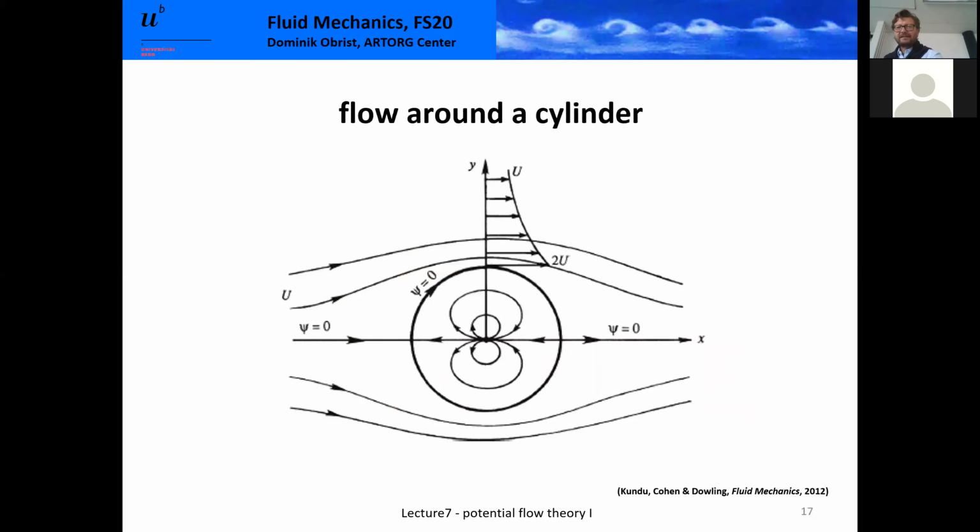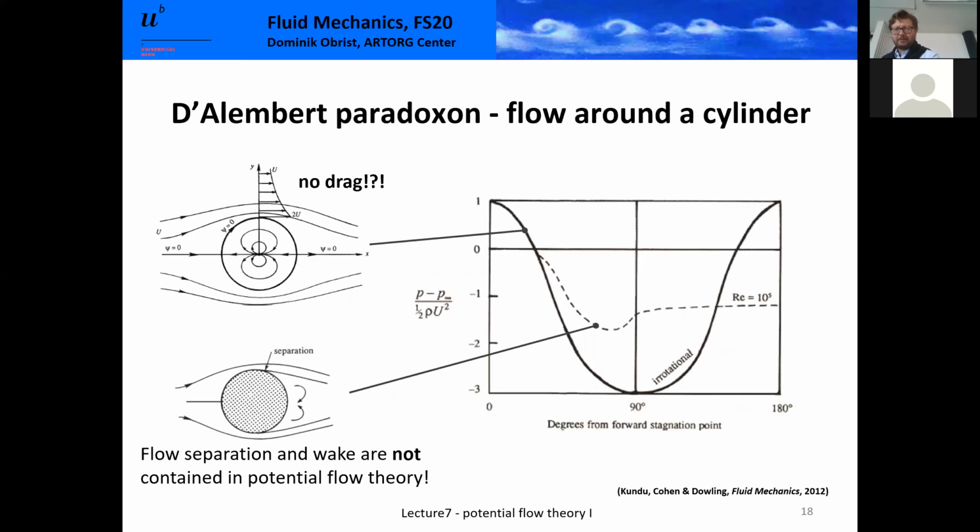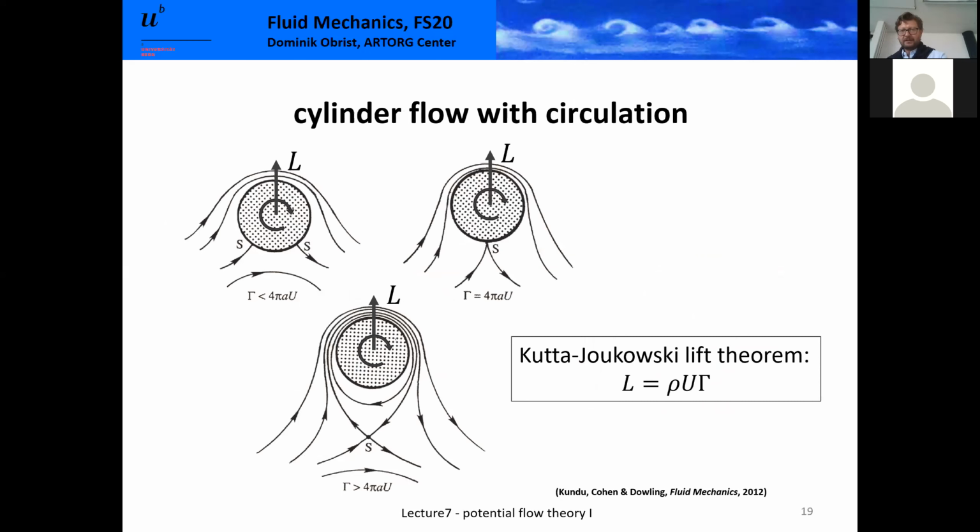And if we know what this gamma is, or we impose the gamma, it can be shown, and this is an exact result for potential flow, that the lift force L is exactly equal to rho, density of the fluid, times U, the oncoming velocity of the parallel flow, times gamma. And this is an exact result.